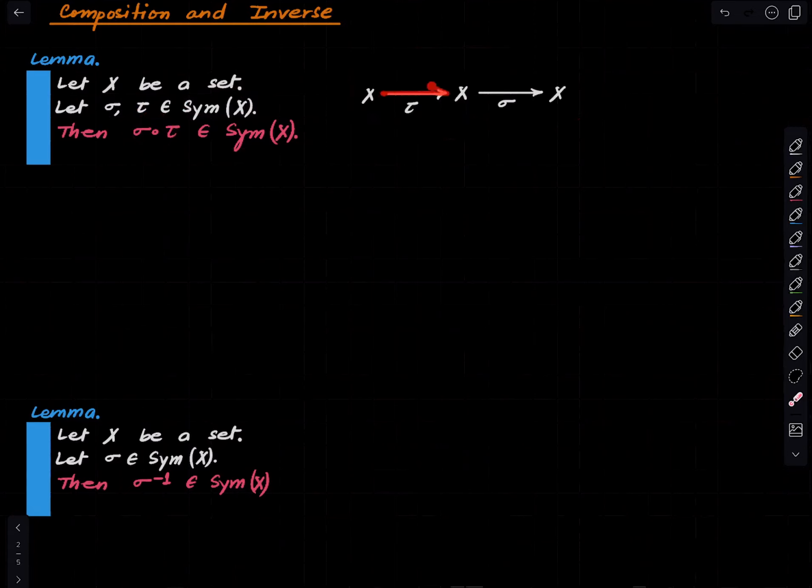Tau takes X to X, and sigma again takes X to X. Sigma composed with tau is this map: first you apply tau, then you apply sigma. Since sigma and tau are bijections, the composite is also a bijection and hence a permutation of X. Very simple observation, so the proof, if you really want, is an exercise.